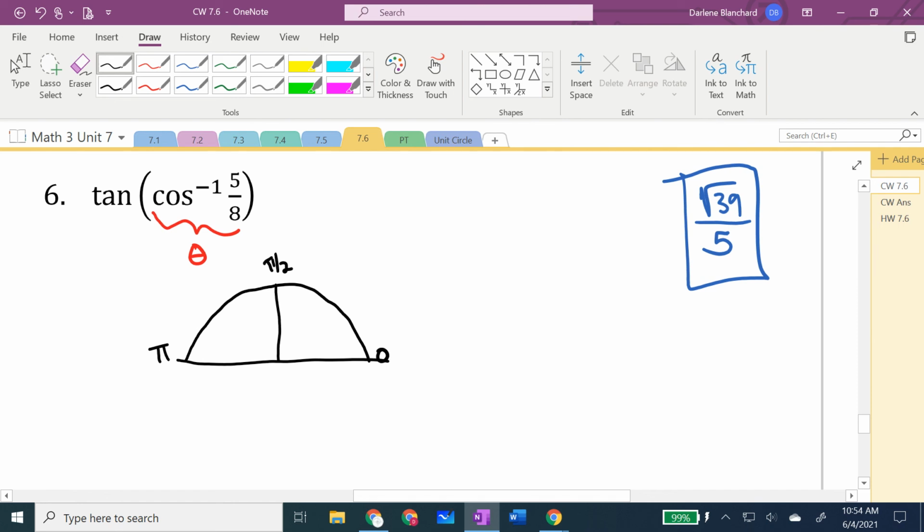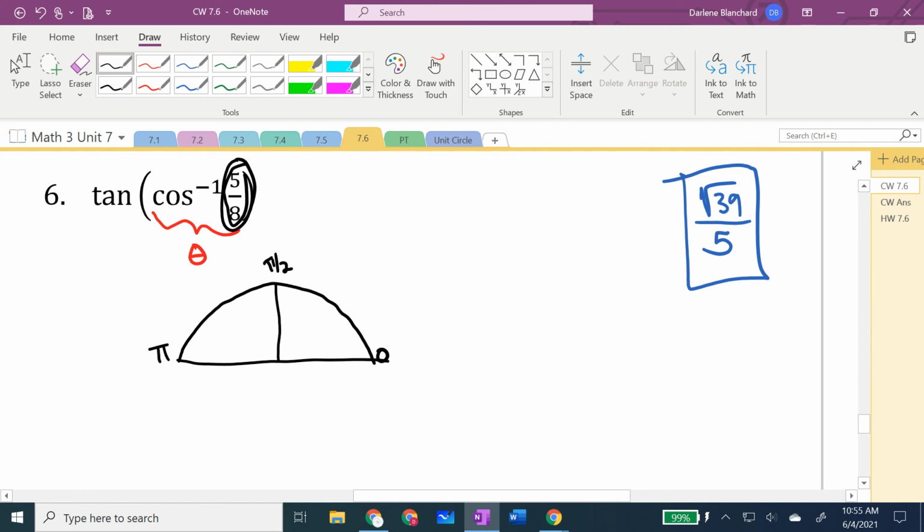Now, my cosine is either positive or negative. This is a positive ratio. So that means that I'm going to draw a triangle in quadrant 1, not in quadrant 2. And that's the difference between this being positive versus negative.